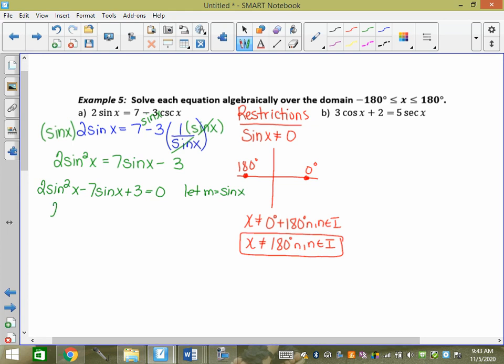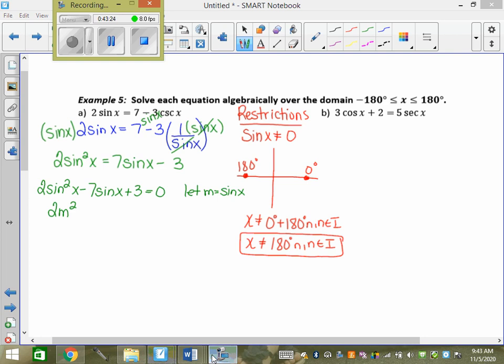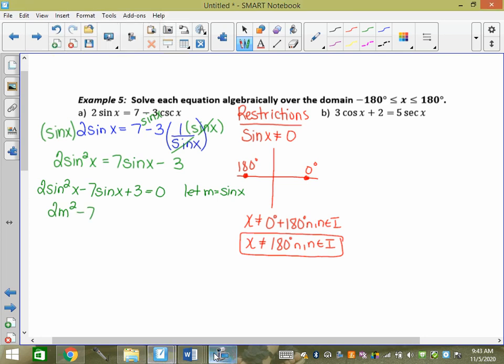So I get 2m squared - 7m + 3 = 0. Now what multiplies to give me 6 and adds to give me negative 7? Negative 1 and negative 6.